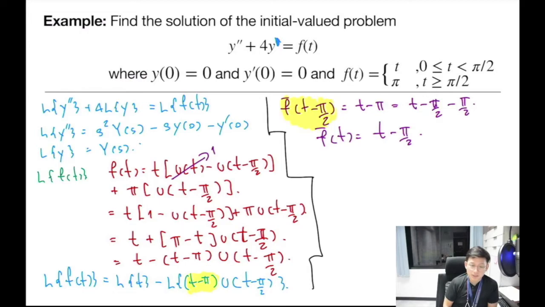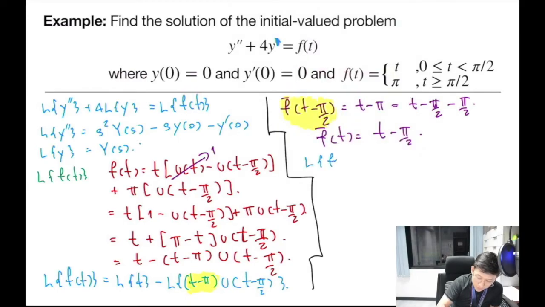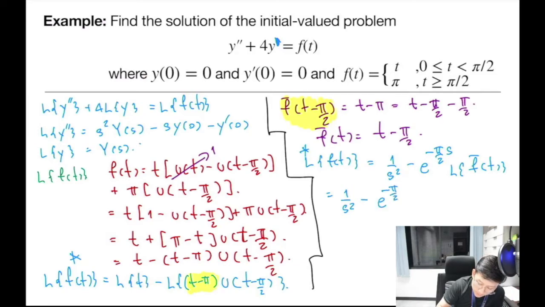So the Laplace transform of f(t), which is this guy, is the Laplace transform of t, that's 1 over s squared, minus e to the minus half pi s, from the formula in the table, e to the minus as, and then you just need to find the Laplace transform of f bar(t), and that is 1 over s squared minus half pi s.